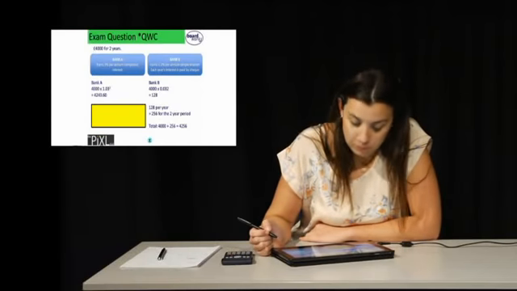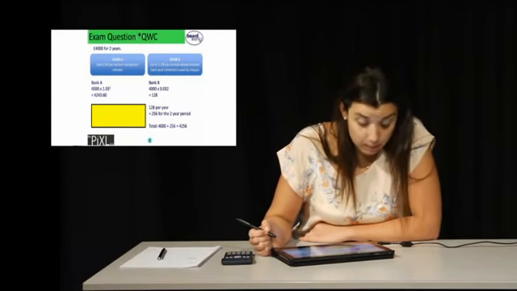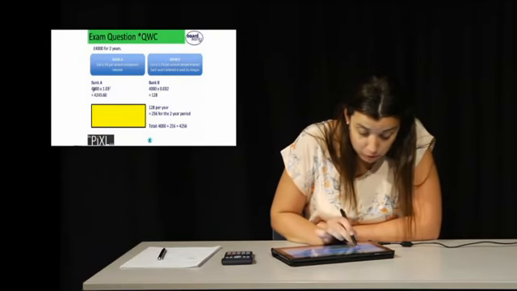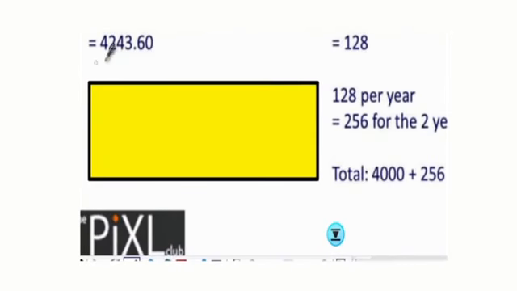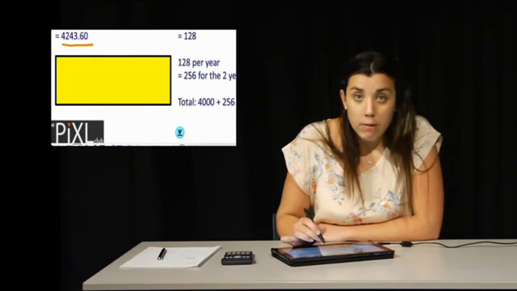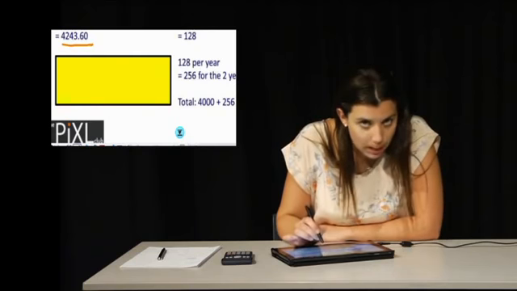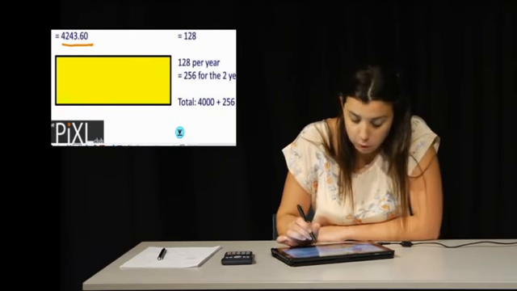Let's have a look at this together. So, Bank A, compound interest, original amount, £4,000, multiplied by our multiplier, 1.03, that's 100% plus 3%, to the power 2. Just for 2 years he's investing, and we get our value here. For Bank B, it's not compound interest, so there are no powers involved here.